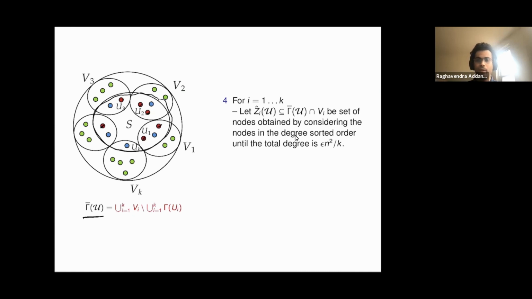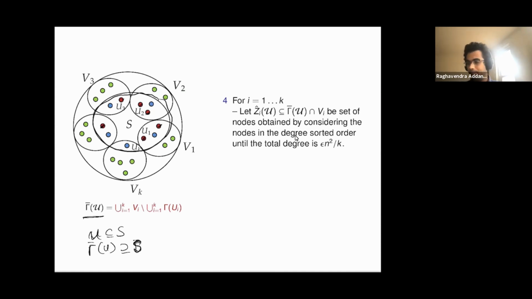This tau bar of U will be fully contained in S. If script U is a subset of S, then tau bar of U will be a superset of tau bar of S. And our goal once again would be to recover S from this tau bar of U, as I described previously.